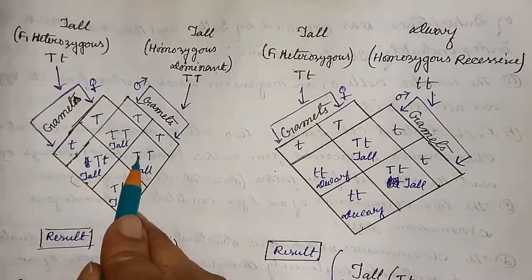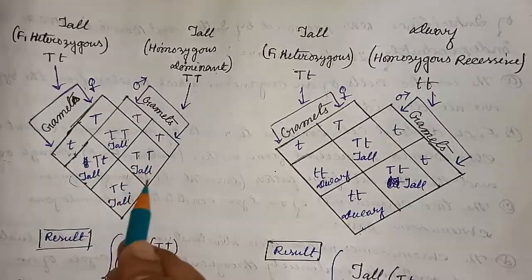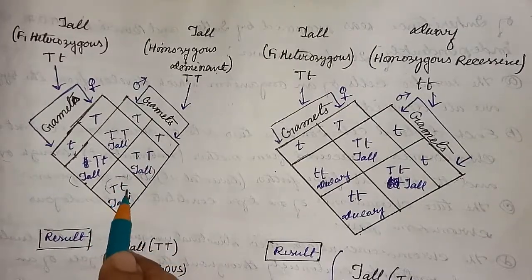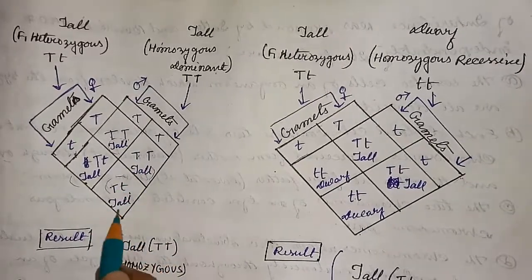Next, capital T, capital T, that is also a tall plant, but homozygous dominant, and next again capital T small t, that is a heterozygous tall plant.